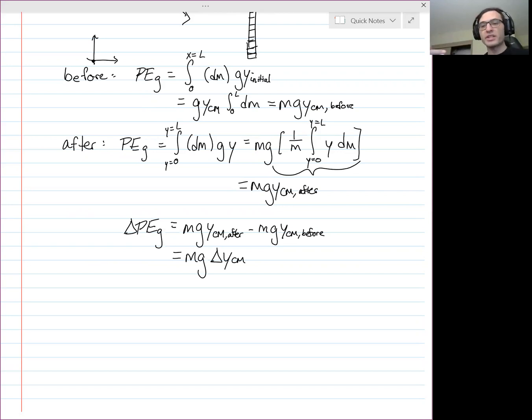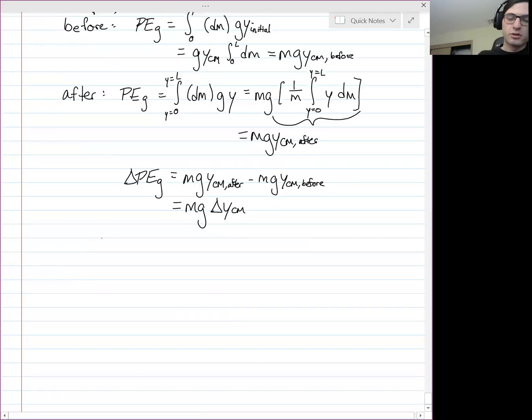And perhaps from this example you can see that gravity only cares about the location of the center of mass.